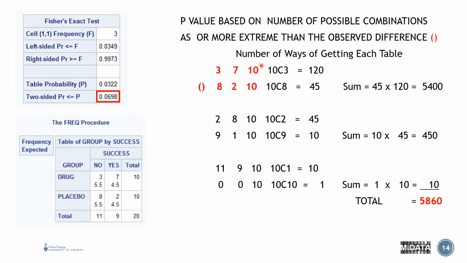Don't forget keeping the same row totals. So if you calculate the number of combinations possible per row, and then the two rows together, you'll get 5,400 for our observed table, 450 and 10 for the two other tables. When you sum this, you get a total of 5,860 different combinations that would be as extreme or more extreme than the one we observed.